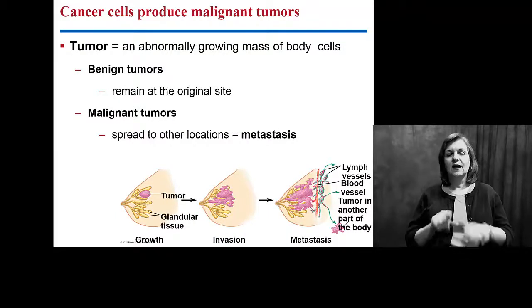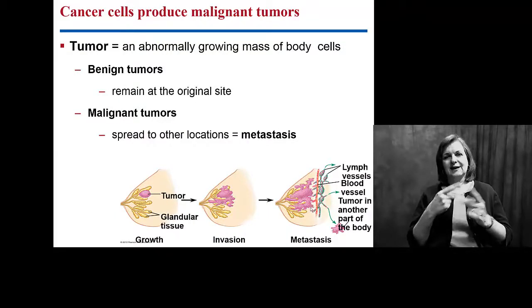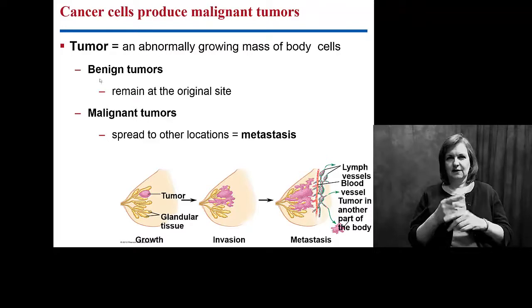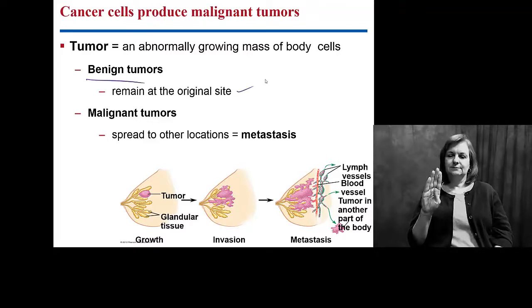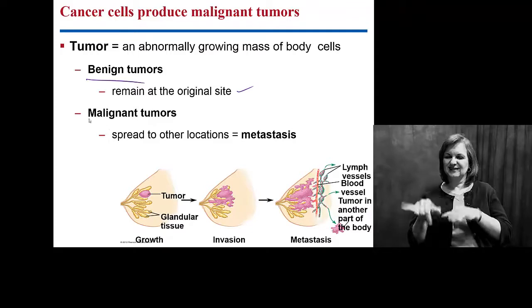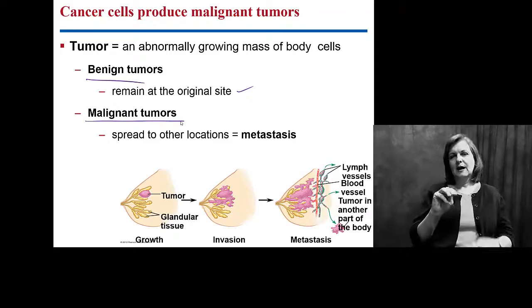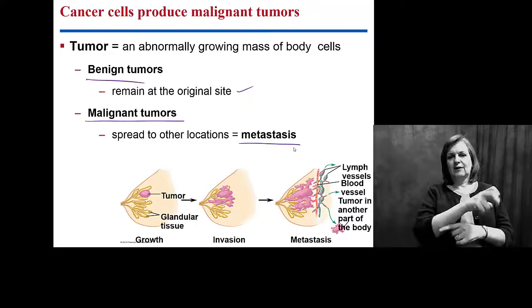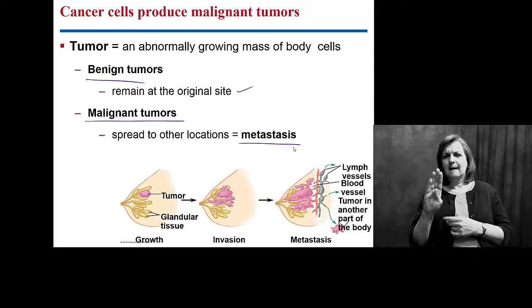So the difference between cancer states or cancer tumor types is when we look at benign tumors, they're actually going to stay at the original site. Malignant tumors are the ones we really get worried about because they will metastasize, and they'll spread to other locations.